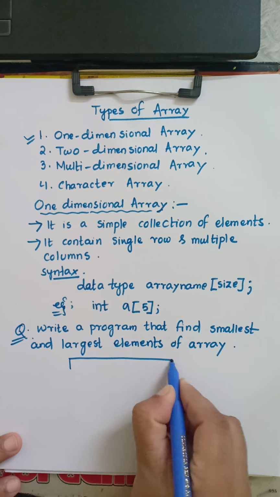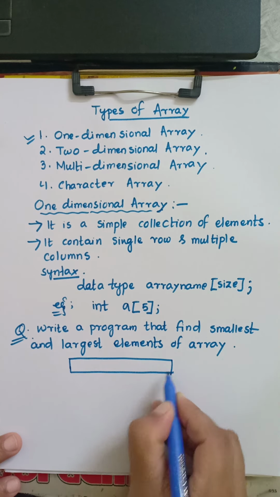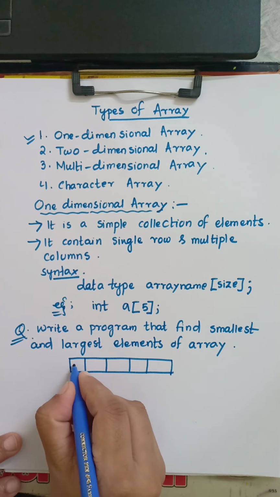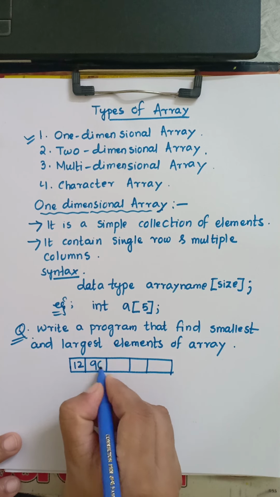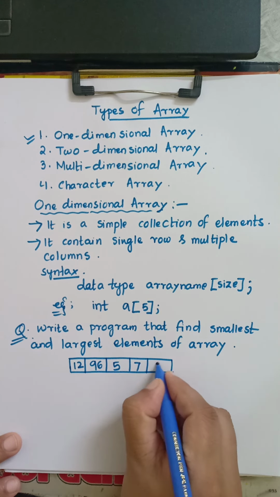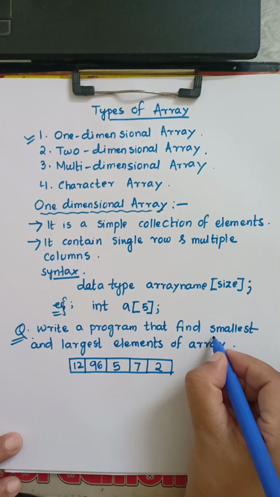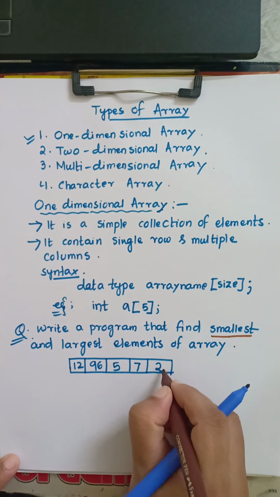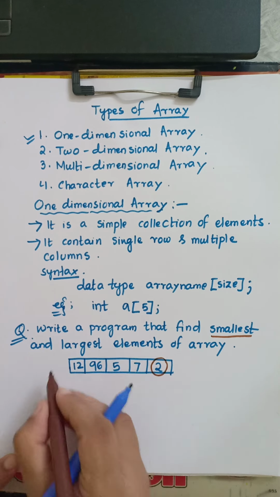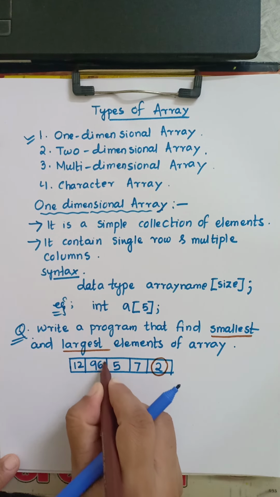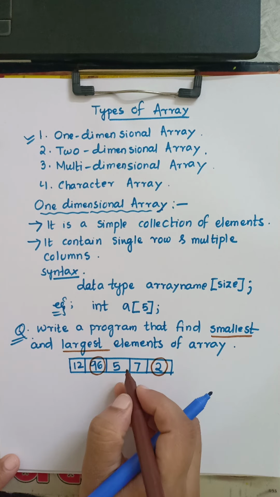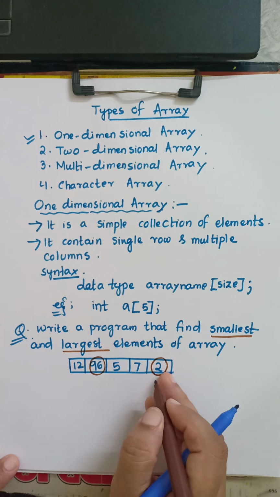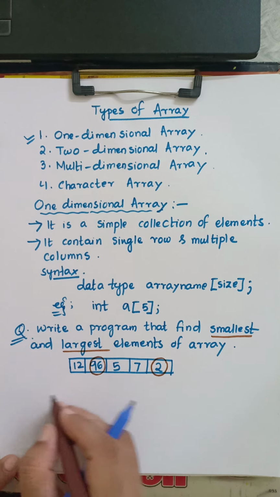Okay, so what is our question? There are number of elements in our array. Here I use 5 numbers. So if here I use 12, 96, 5, 7, 2. Okay, so now I have to find out the smallest. So smallest means this one is the smallest number, and the largest means this one is the largest number. Okay, so using C programming we have to find out which one is the smallest, which one is the largest element of the array.